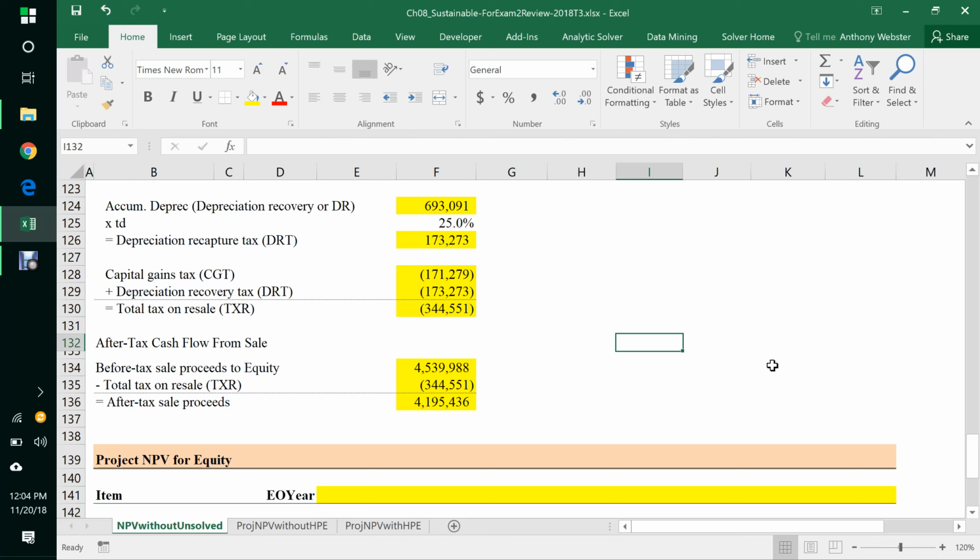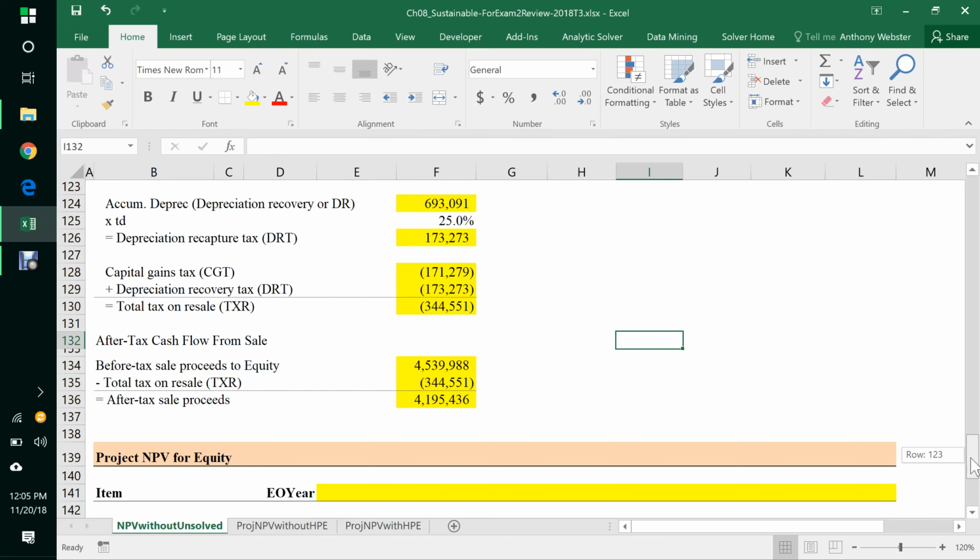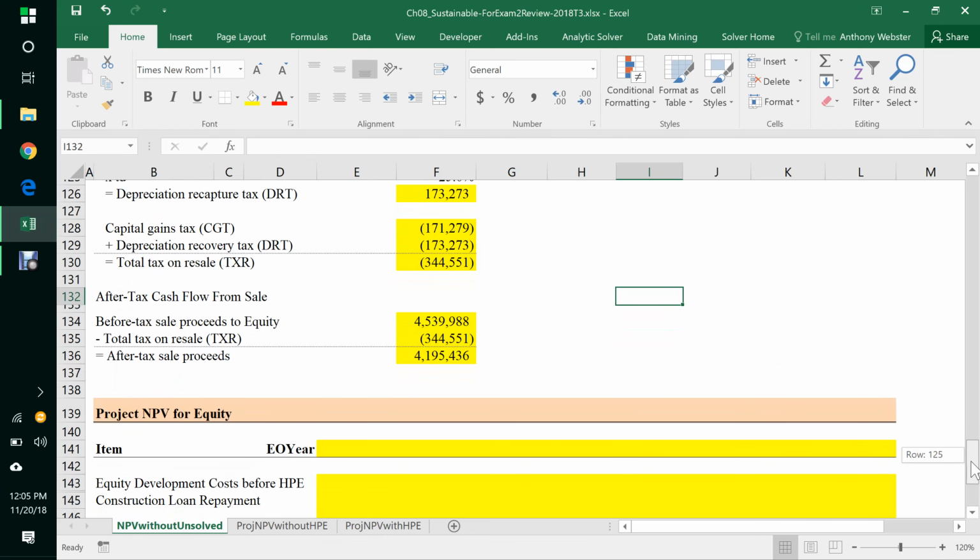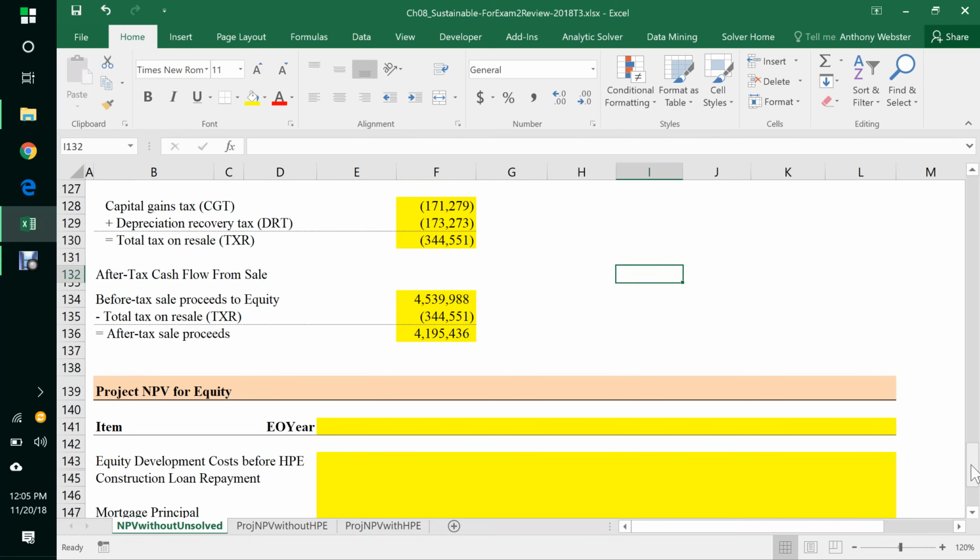And I've got all their net cash flows from selling the property. So now all I need to do is add them up, making sure I get them all in the right place, in the right year, in this case, and then take the present value of each one, sum up those present values, and that's the NPV.